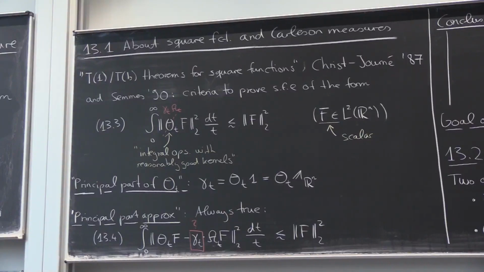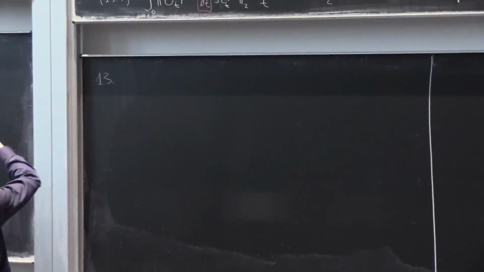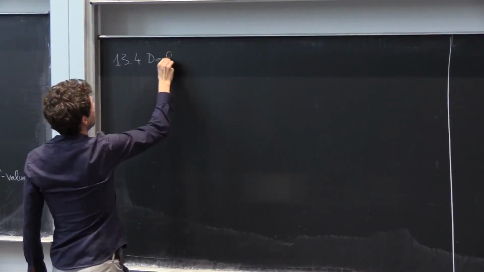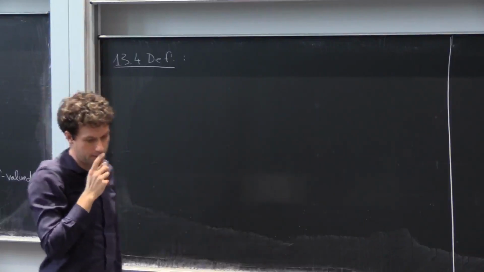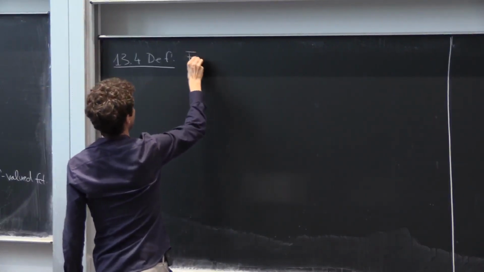So here's the definition of the principal part. 13.4. Definition. My principal part is going to be a vector function, and I'm going to define it like this.